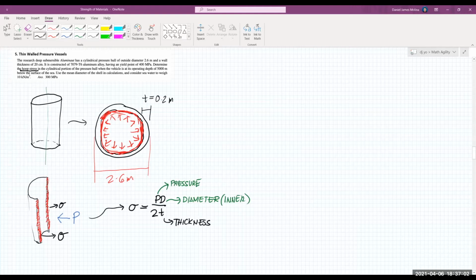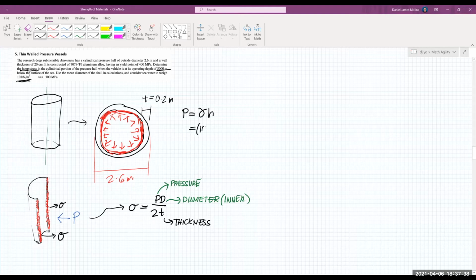So we should solve for the given variables first and then substitute them into the formula. For the pressure, sometimes it's already given, but sometimes it should be solved. From the given problem, we have 5,000 meters deep below the surface of the sea, in which the unit weight of the sea is 10 kilonewton per cubic meter. So from fluid mechanics, we have gamma, the specific weight of the fluid, times the head h.